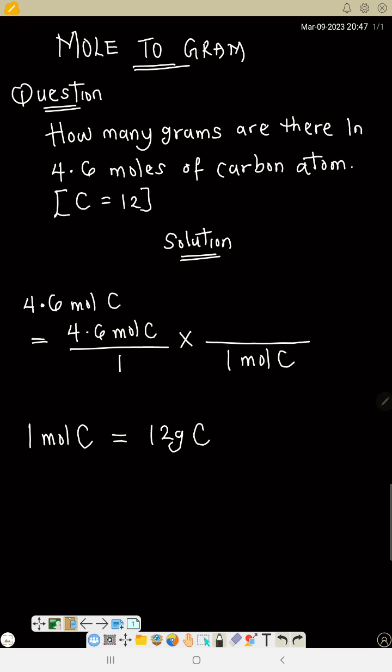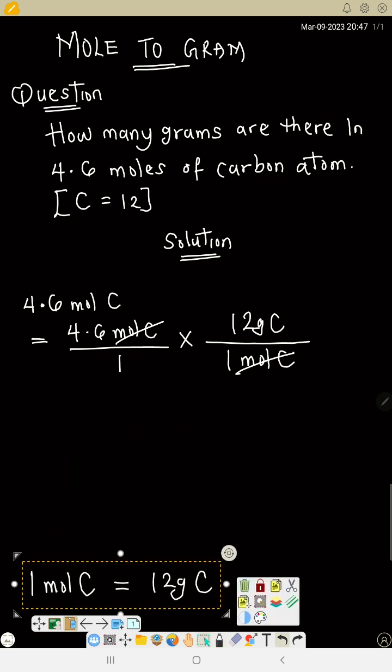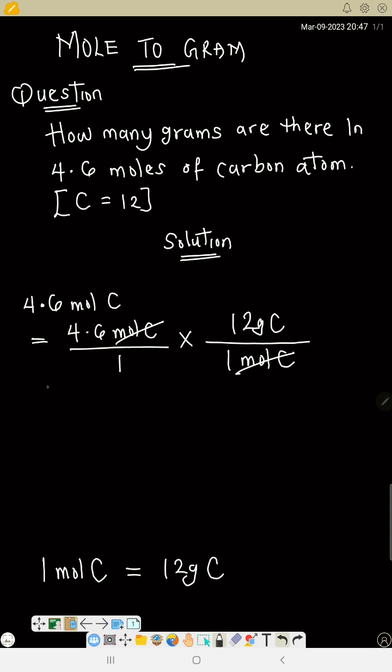So 1 mole of carbon will give me 12 gram of carbon, and that is all. 1 mole of carbon cancels 1 mole of carbon, so it remains 4.6 times 12 gram of carbon divided by 1.